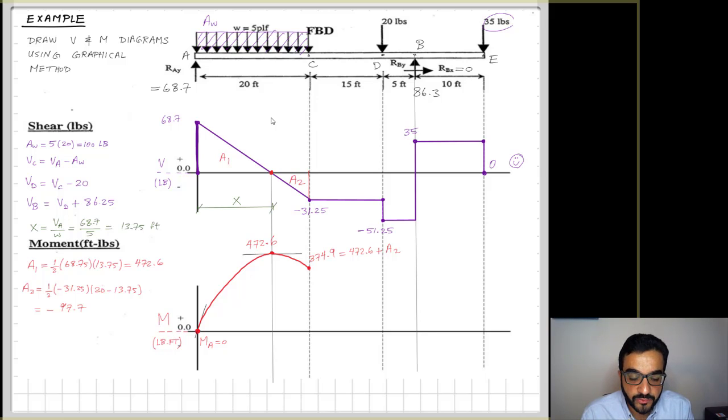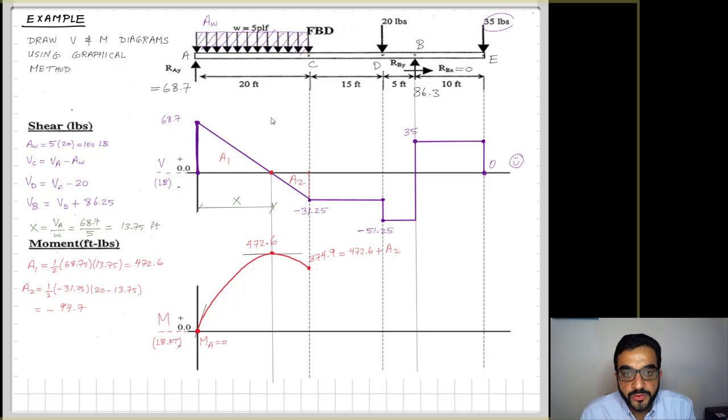That will be the base of the triangle times the height of it, which is, remember, when you deal with the area under the shear curve, you have to use the sign of the shear value. So I have negative 31.25. That will result in a negative A2 value, which means I'm adding this delta value to 472.6, and it's negative, so I'm dropping to 374.9.